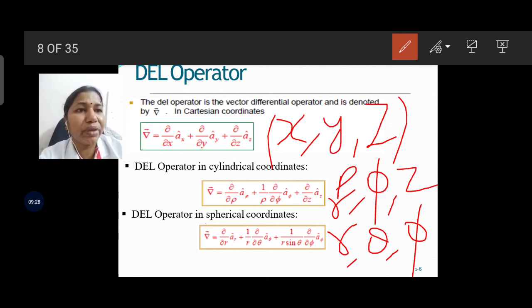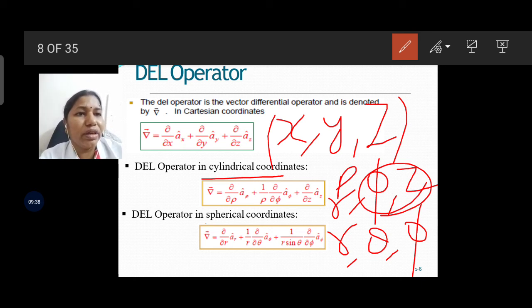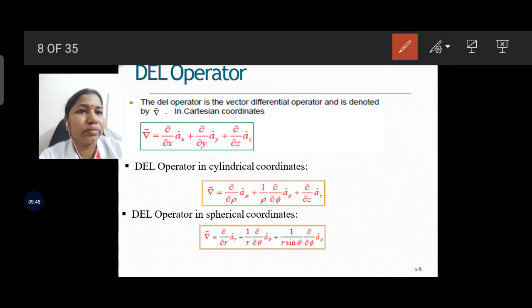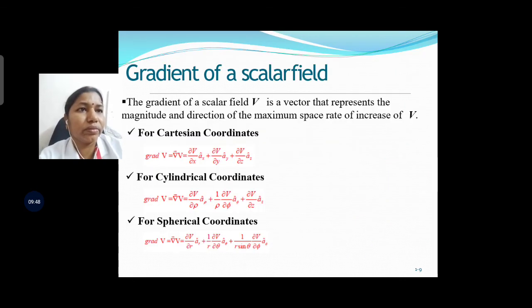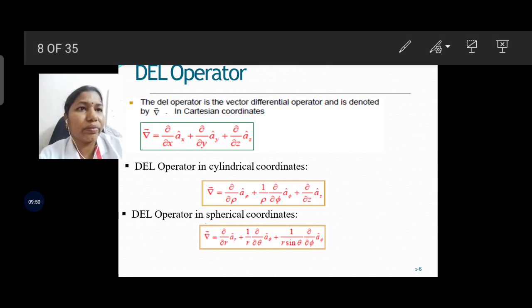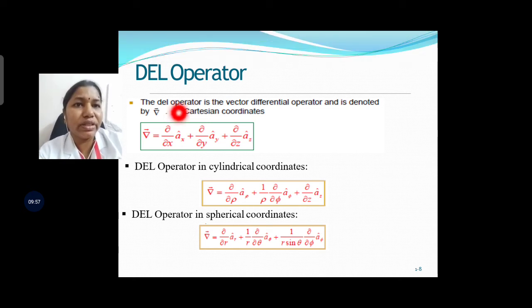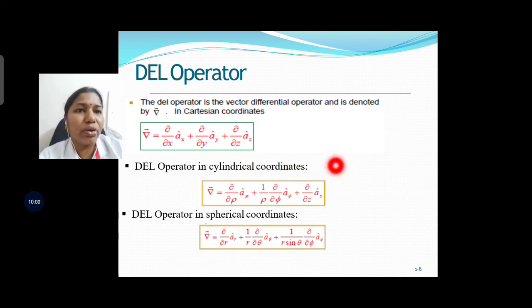If it is coming with phi z, then we have to take this is for cylindrical coordinate system. So rho phi z. If it is coming with r theta phi, then we have to take spherical coordinate system. So this is for del operator: ax ay az Cartesian, rho phi z cylindrical, r theta phi spherical.